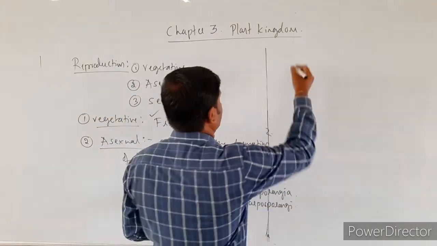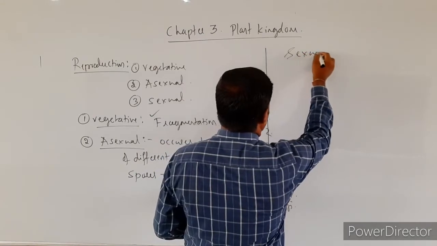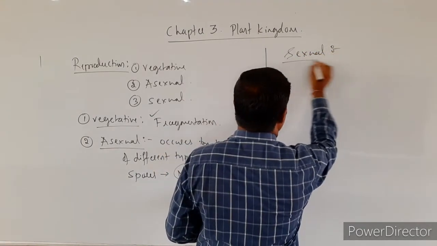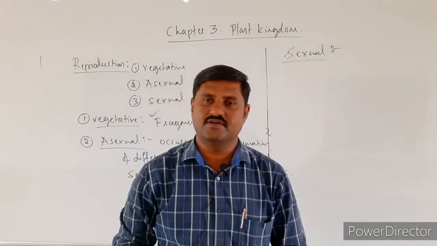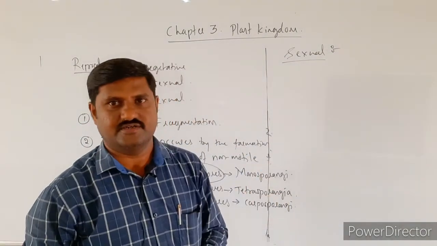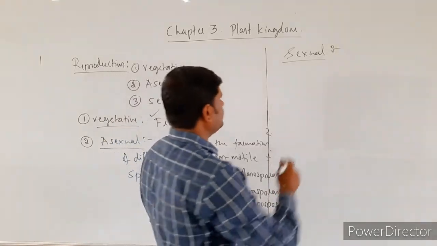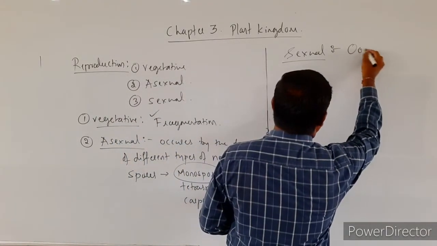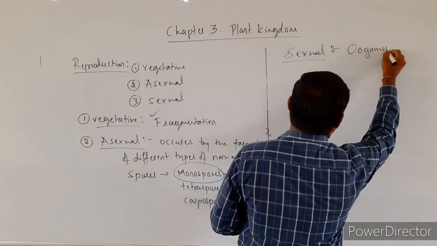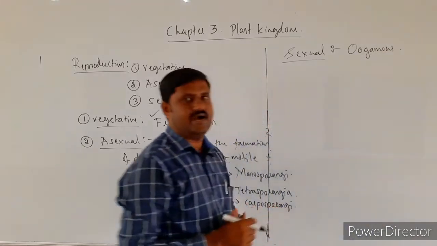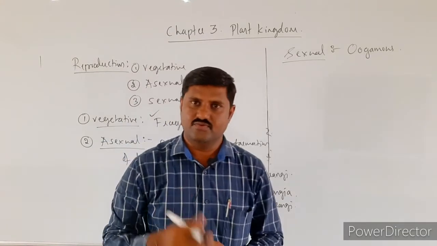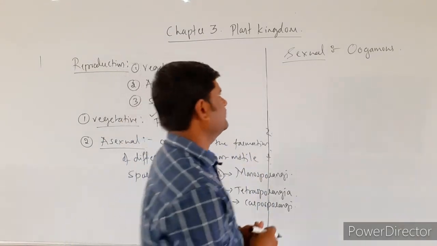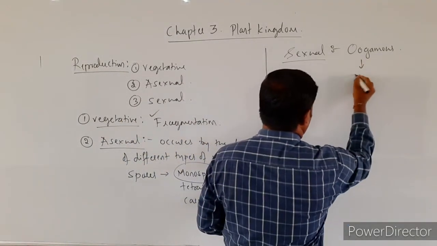So next one is sexual type of reproduction. It is a unique one, more advanced when compared to the previous one, right? So these show oogamous type of sexual reproduction. That is nothing but oogamy, what we call it as, right?